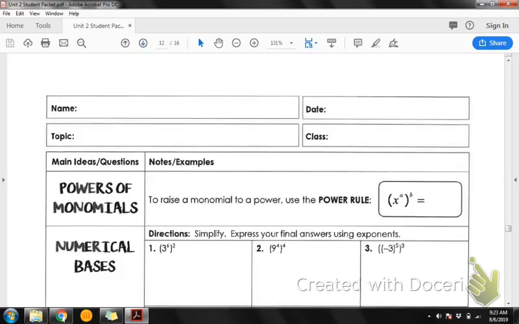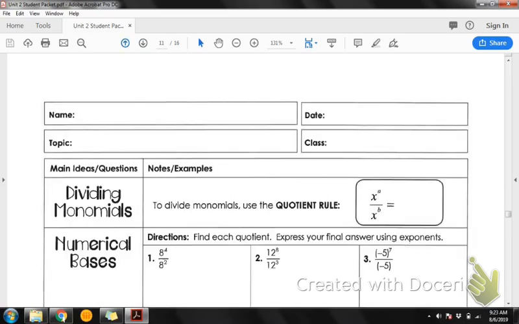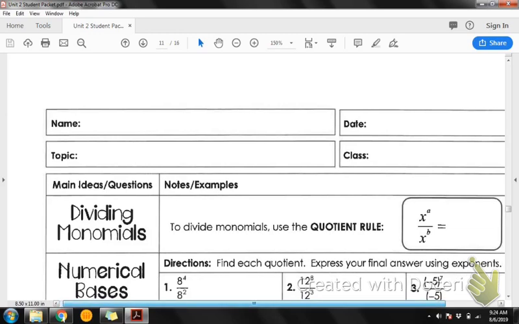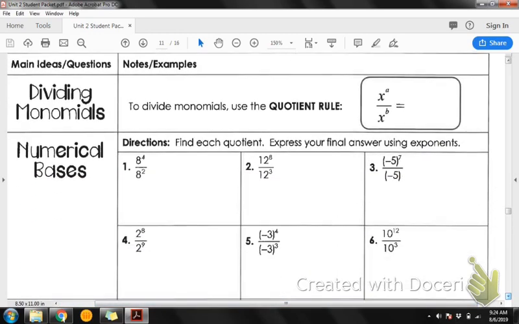Why do we use quotient? Does anyone know? What does quotient mean? Quotient means division, right? It's the answer to a division problem. So when we are dividing monomials, this is what it looks like. Let's go to number 1 first, and then we will redo the rule.